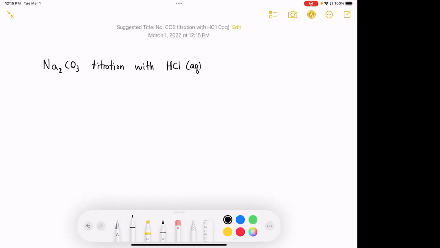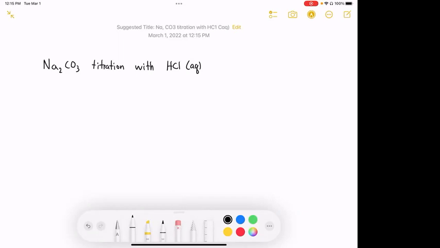So we're titrating a known amount of sodium carbonate, not necessarily to figure out how much it is, but just to calculate the Ka value, to demonstrate that we can use titration to calculate Ka values.